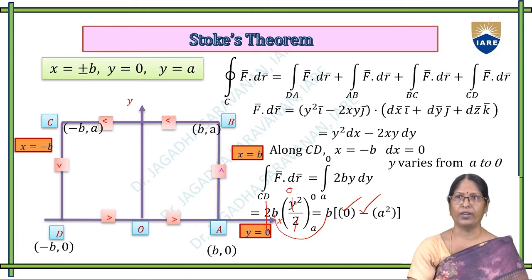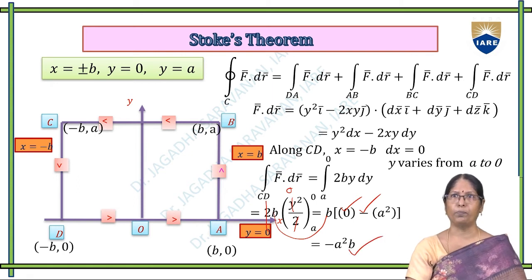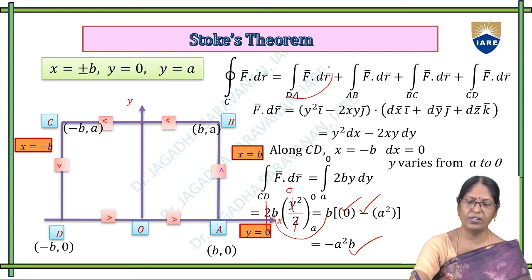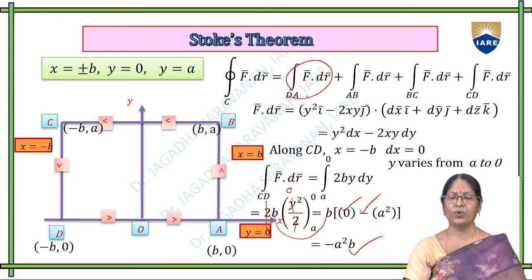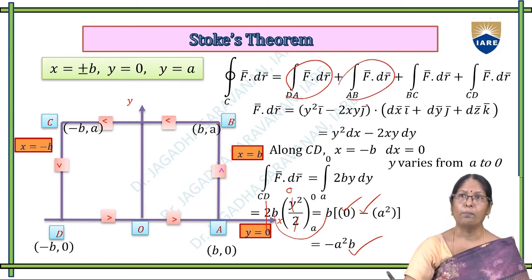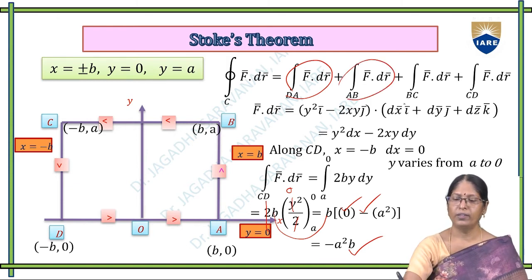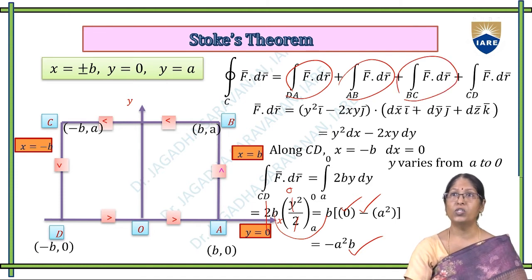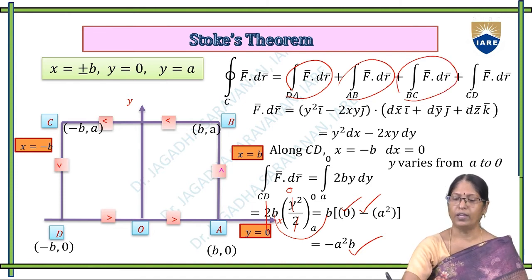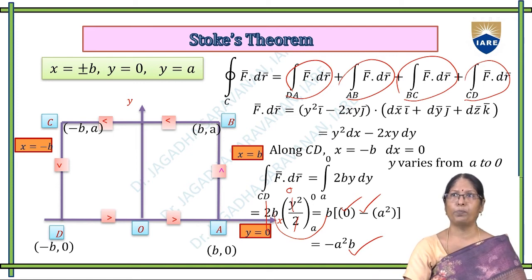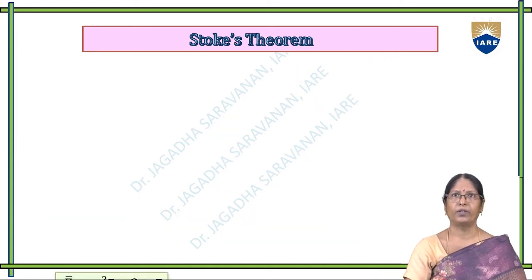So a square gives minus a square b. So the first integral we got 0, the second one minus a square b, the third one minus 2a square b, and the last along CD minus a square b.